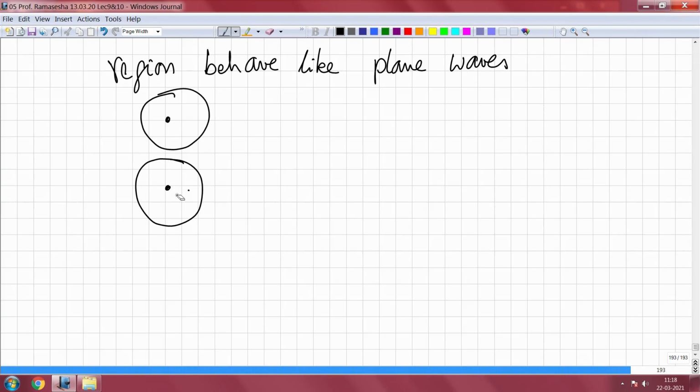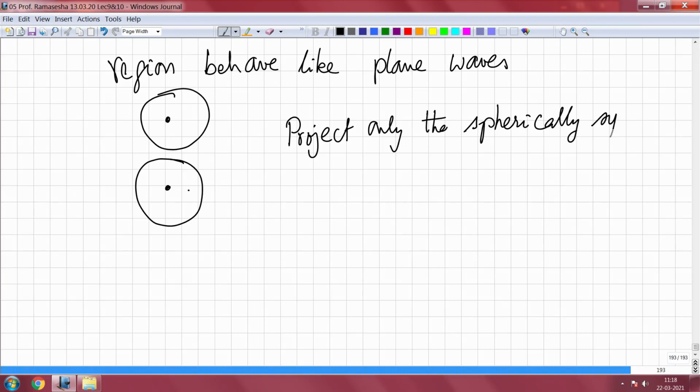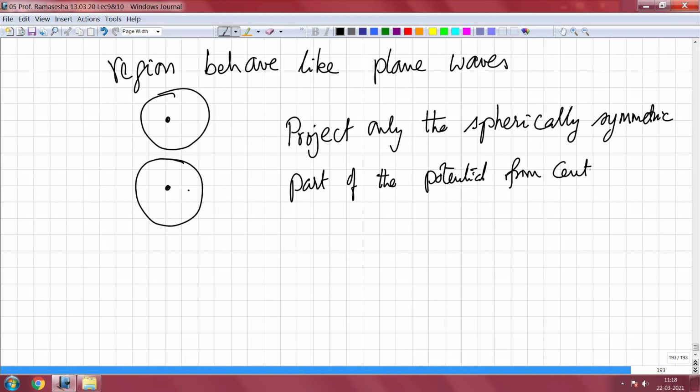So, what we really require is to project only the spherically symmetric part of the potential from center 2, as viewed from center 1.